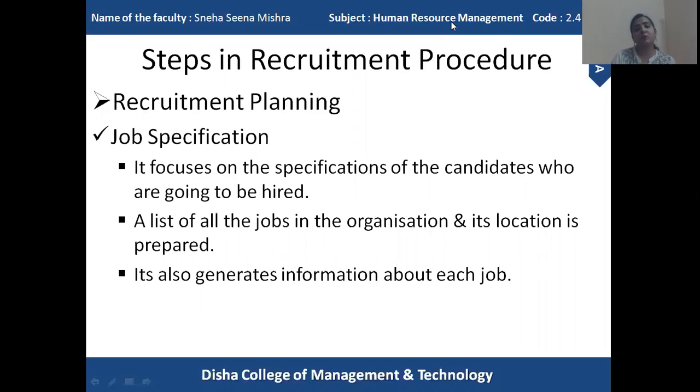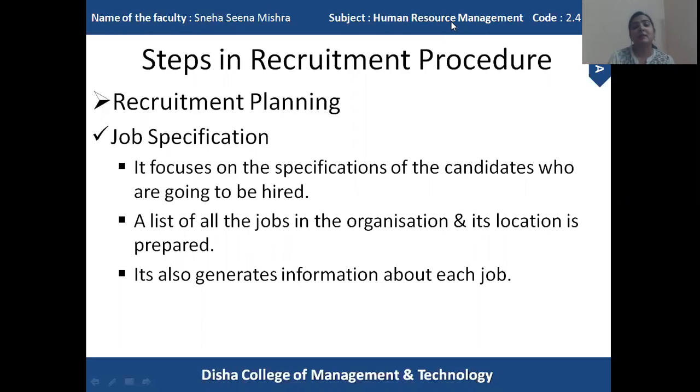So first of all, what is the first activity done under job specification? A list of all jobs in the organization is prepared, along with their location, meaning what the various types of jobs which are vacant in the organization are, and what the location of each job in the organizational hierarchy is. Details regarding that need to be collected.